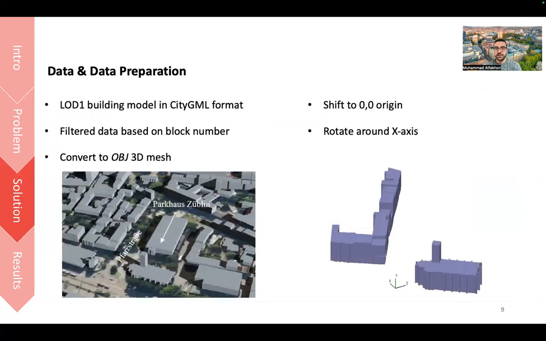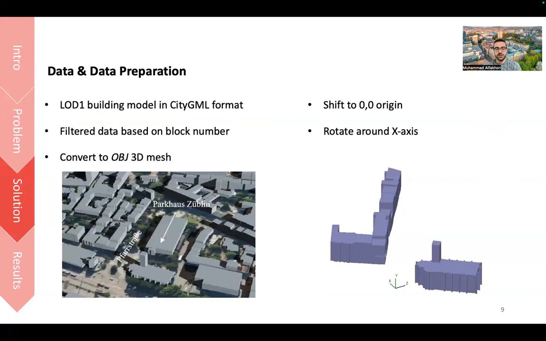For this research, we had different data, starting with the building model, which is the actual representation of the buildings in the city. We have a level of detail 1 building model, which means we have the footprint of the building and the height of the building, but we don't have any information about the roof.